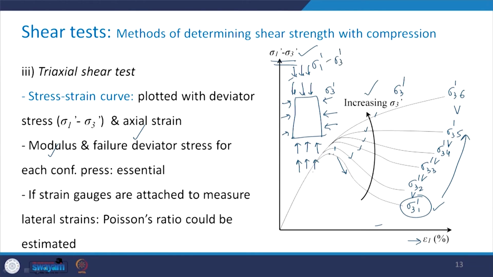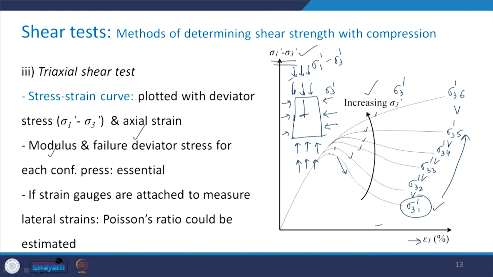So, with increase in this, there is going to be deformation in the axial direction, and depending upon the level of the confinement you will have the lateral deformation as well.